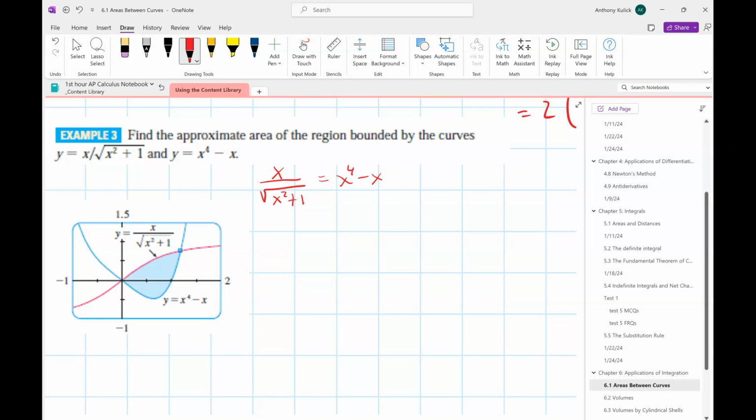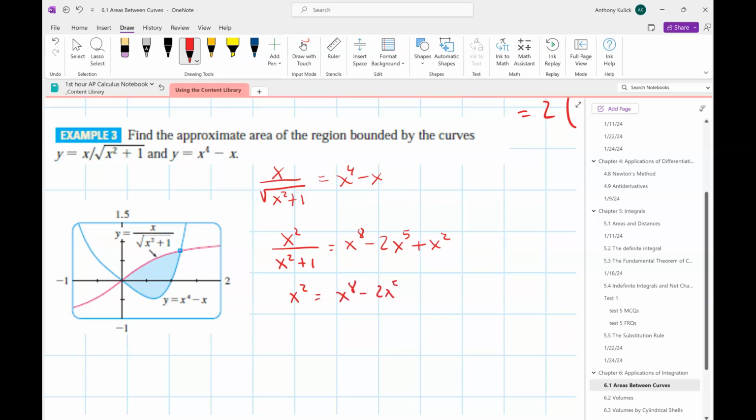What do you think? Yeah, you'd have to square both sides. I foiled that to get there. And then you'd have to multiply both sides by x squared plus 1.